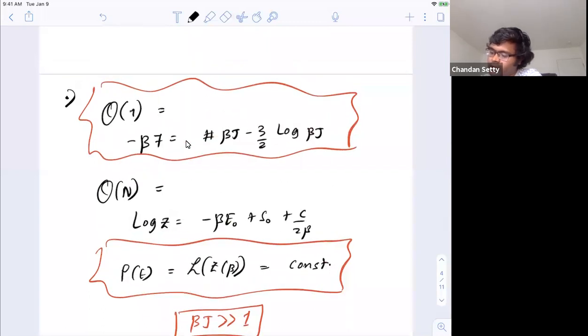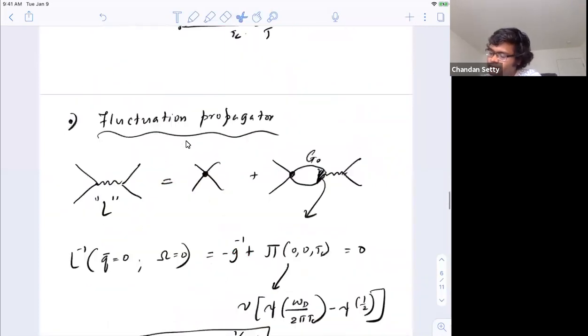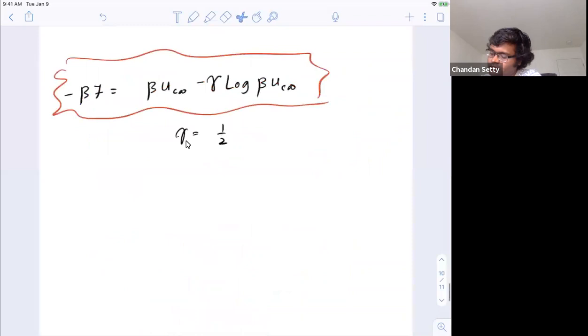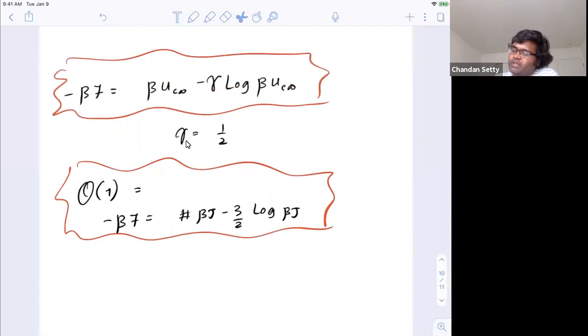If you look at the order 1 contribution of the SYK model, you see that if I simply replace J with UC infinity, which is the quantum critical point, I have a slightly different coefficient here. That is, instead of having a -3/2 in the SYK model, I have a -1/2. But apart from that, the form of this fluctuation contribution to the free energy is exactly the same.